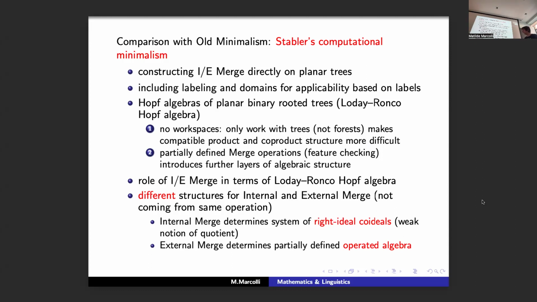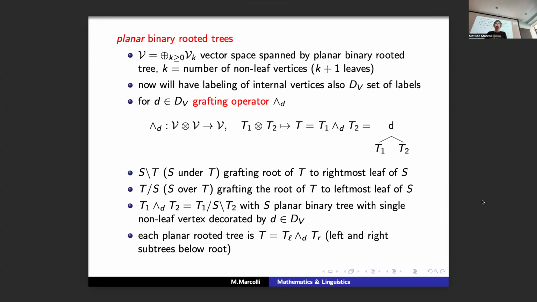And on the other hand, the external merge determines a different kind of algebraic structure, which goes under the term of operated algebra. So let me try to get a little bit more into how this works. Here we are working with planar binary rooted trees, and as I said, only with trees, not with forests.